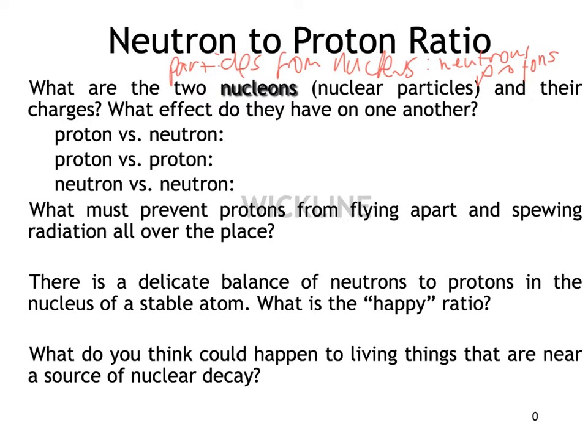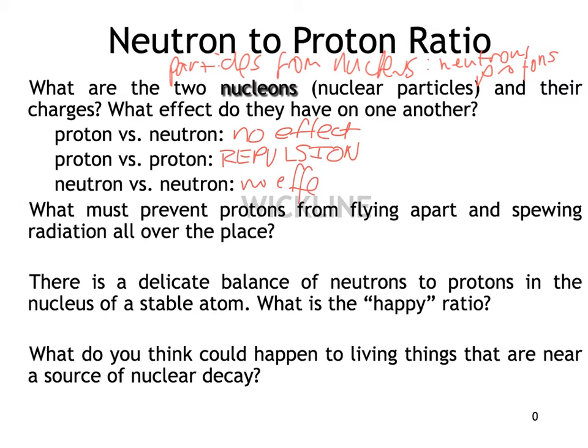Protons and neutrons would have no effect on each other, and that's because the neutron, being neutral, has no ability to attract or repel others electrostatically. Proton versus proton would be major repulsion. Repulsion just means that they repel. And then neutron to neutron would be no effect.